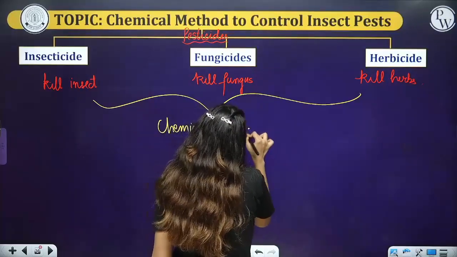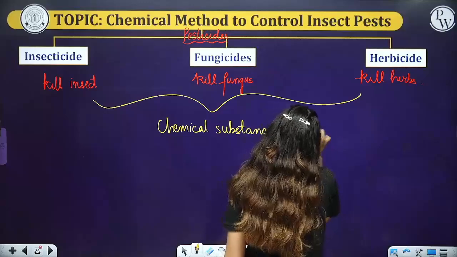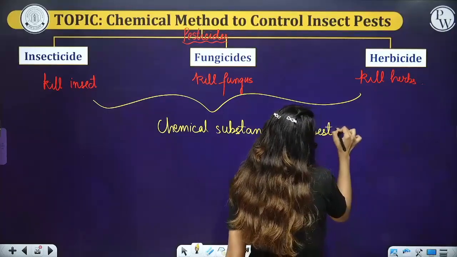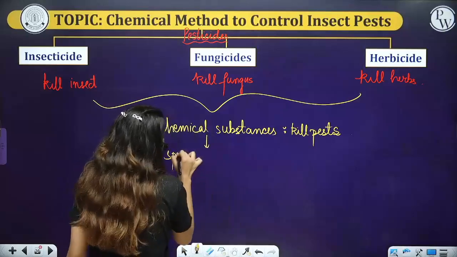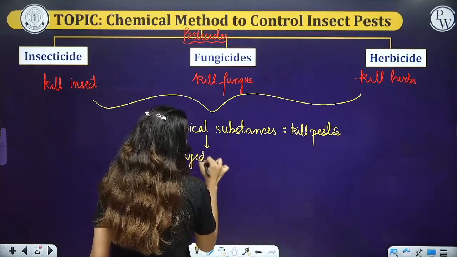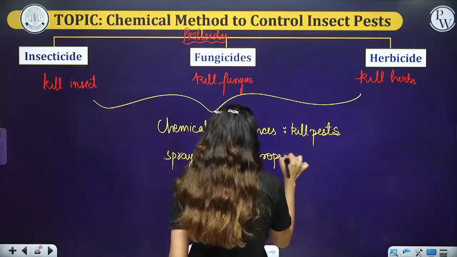Yes, so I can say these are nothing but chemical substances which are going to kill the pest, and they are sprayed on the crops, right?